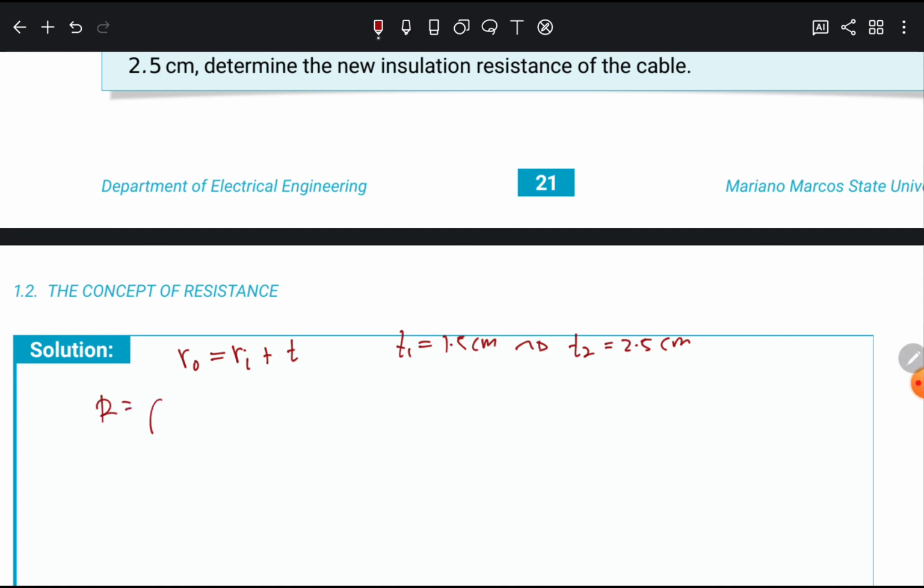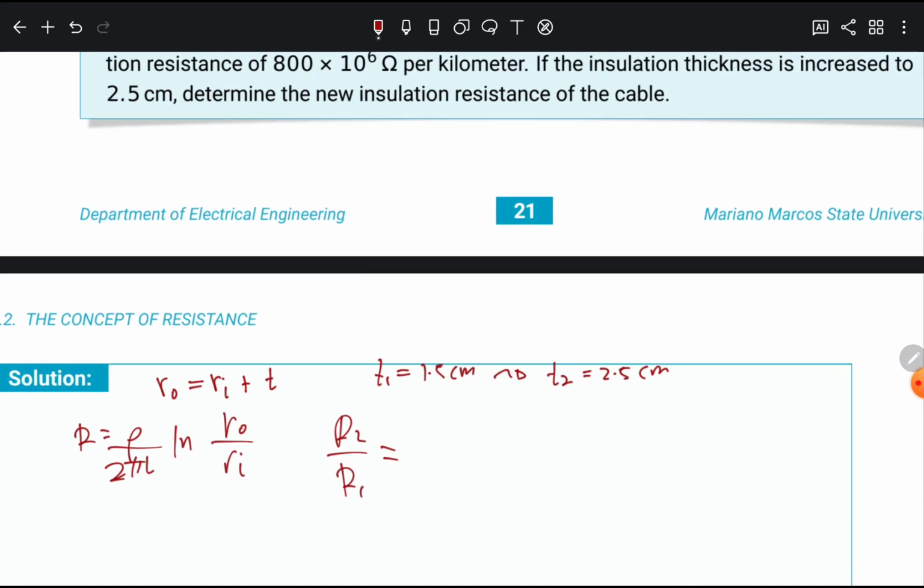So using our formula R equals rho over 2 pi L, ln of R out divided by R in. And we can divide R2 and R1 just like we did in the previous example, R2 divided by R1, where R1 is the original resistance and R2 is the new resistance.